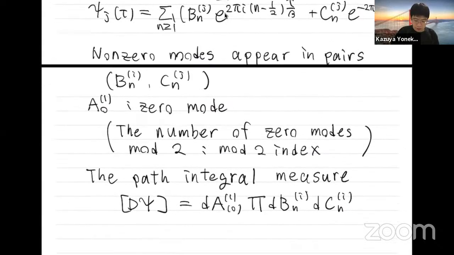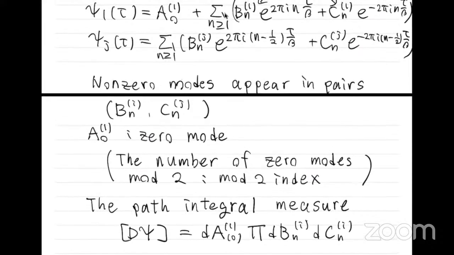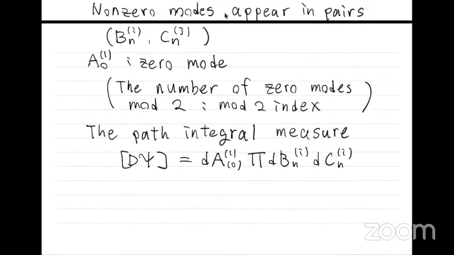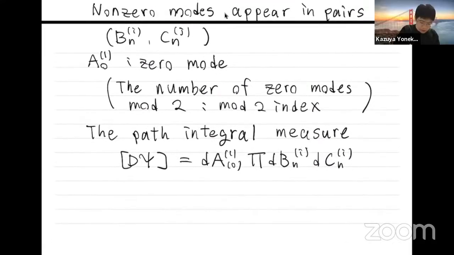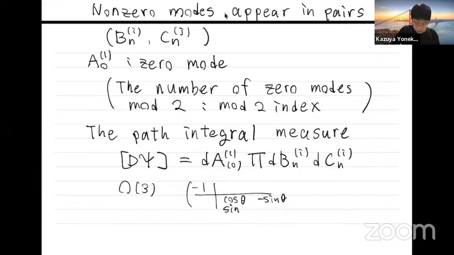Yeah, so in that case, for example, we can consider a family of O(3) matrices like this: -1, then cosine theta, minus sine theta, sine theta, cosine theta. So we can consider this kind of matrix.